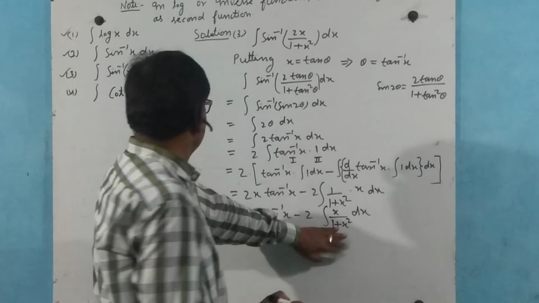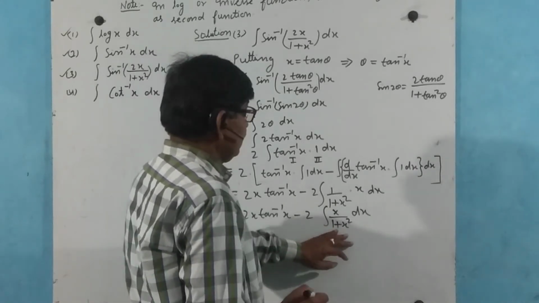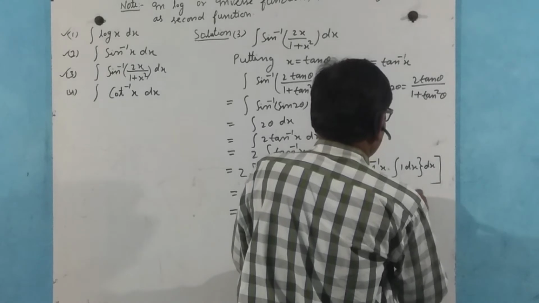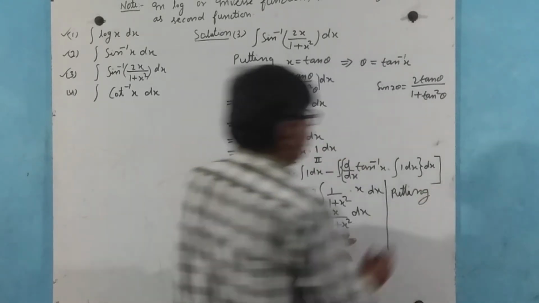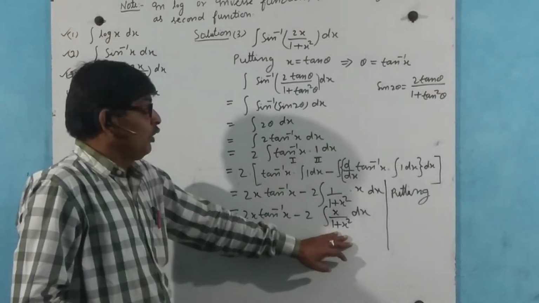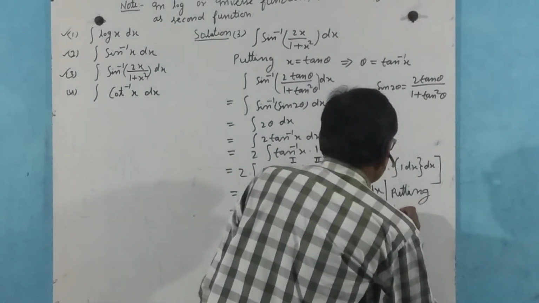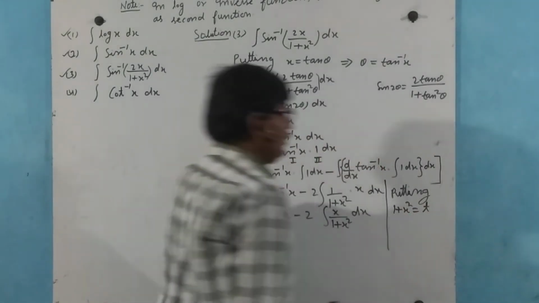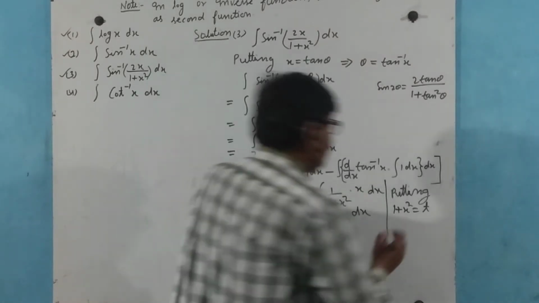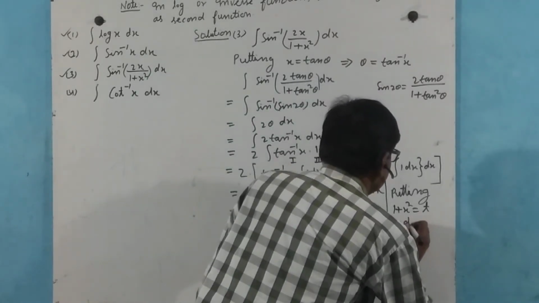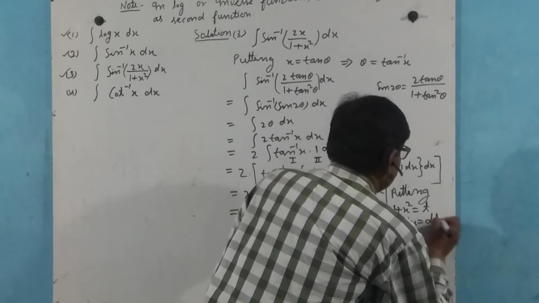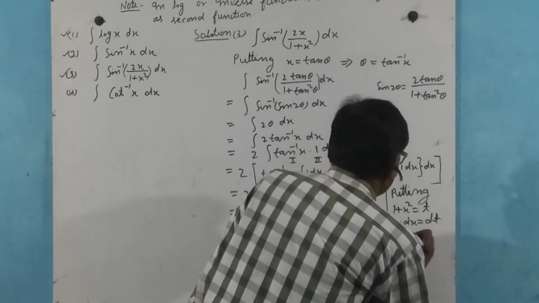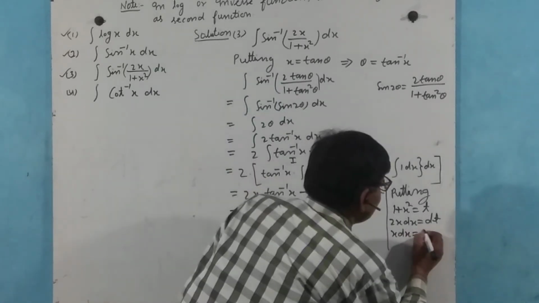In this case, putting 1 plus x² equal to t, so that differentiating it, 2x dx equals dt. This can be written as x dx equals dt by 2.